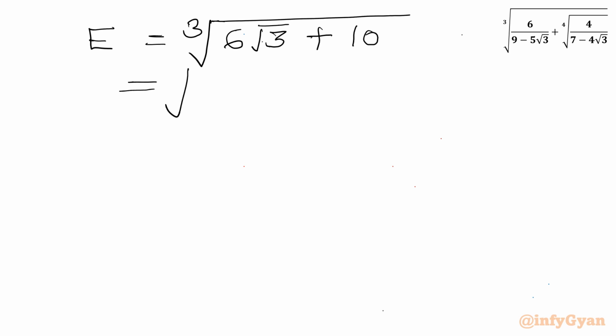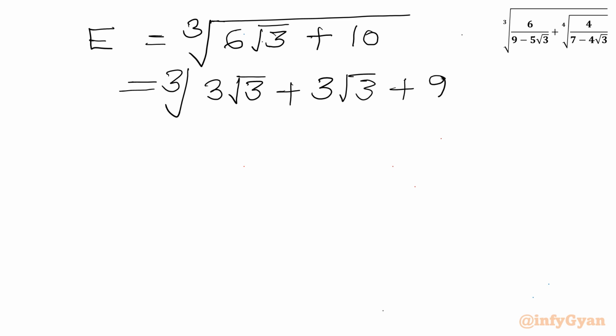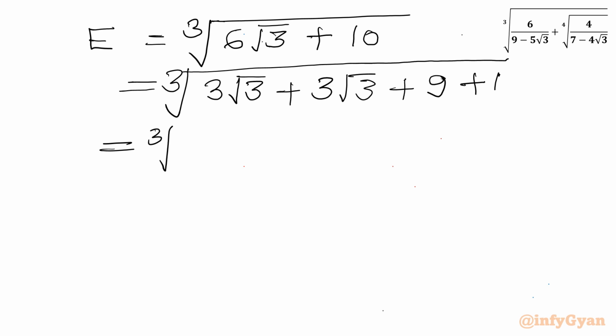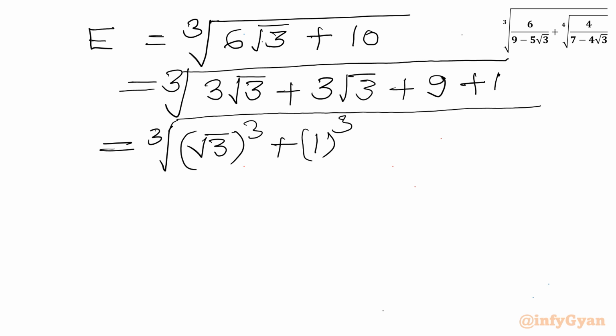So we can split 6 root 3 as 3 root 3 plus 3 root 3. Then we will be writing 9 and then we will be writing 1, which is in total 10. Now can we write 3 root 3 as root 3 whole cube, 1 as 1 whole cube. Then I can write 9 as 3 times root 3 square times 1.